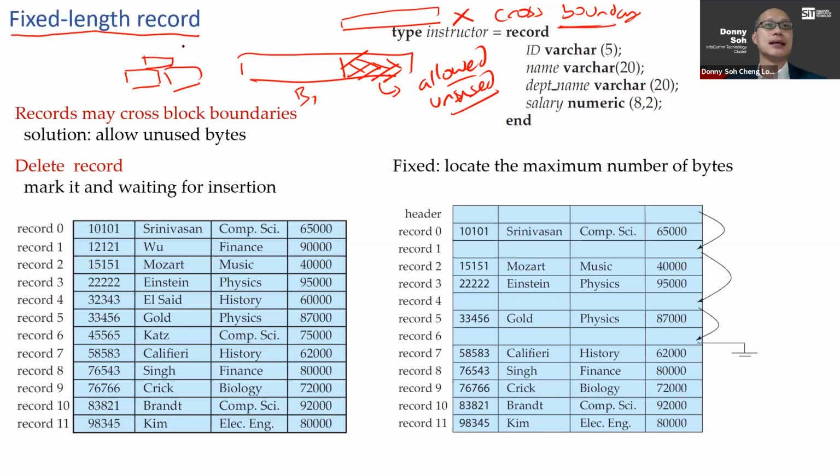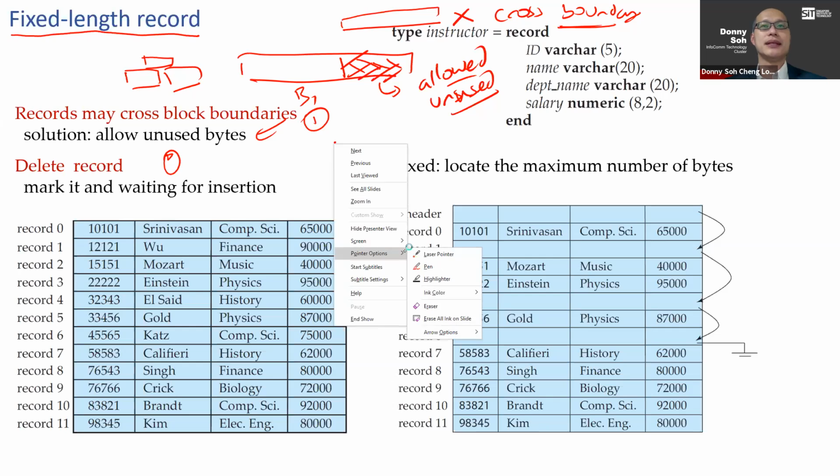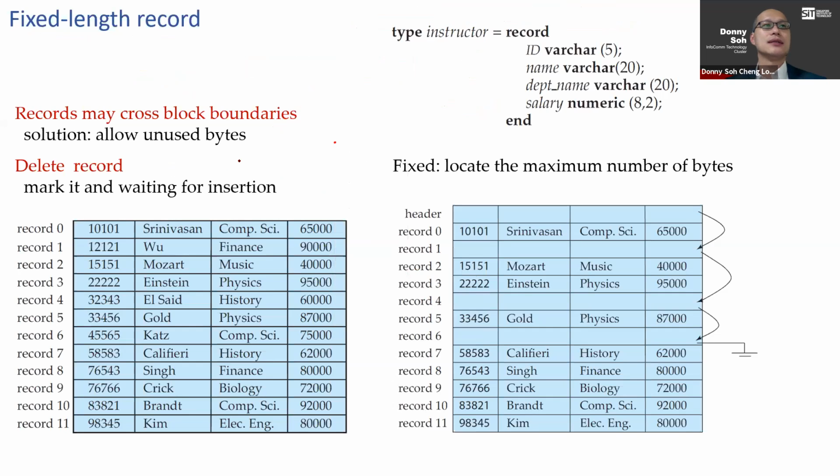Okay, so this is the first problem, and this is how we solve it. The second problem is what happens if we delete a record? How then do we record that the record has been deleted? So this is how we do it. Let's say that we have this as the original table with all the populated records. We will need to have one additional row, which is known as the header, or you can call it a pointer.